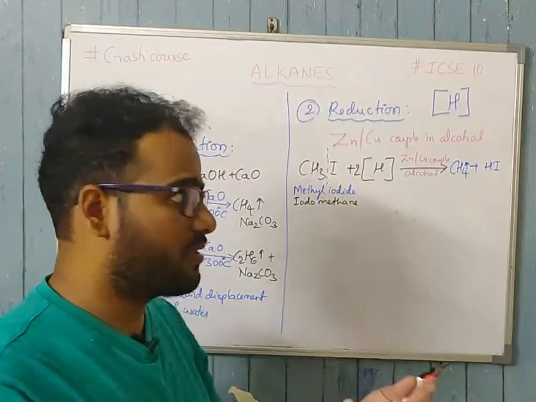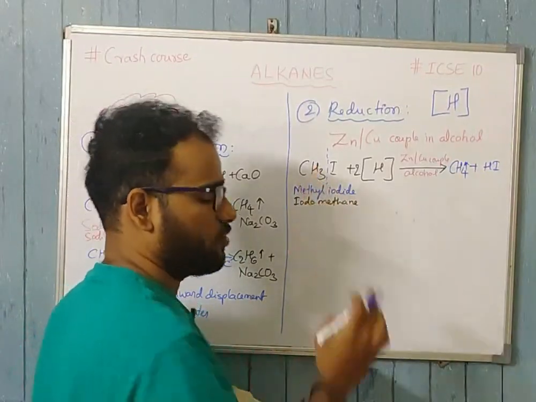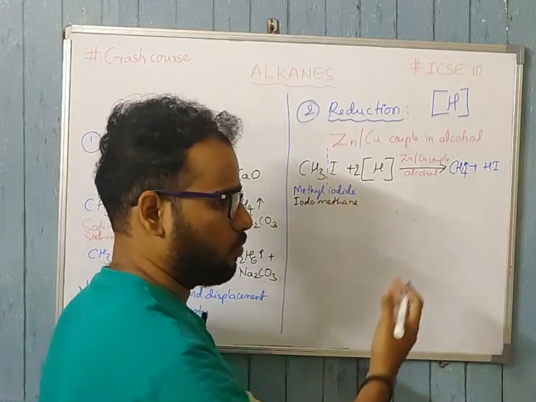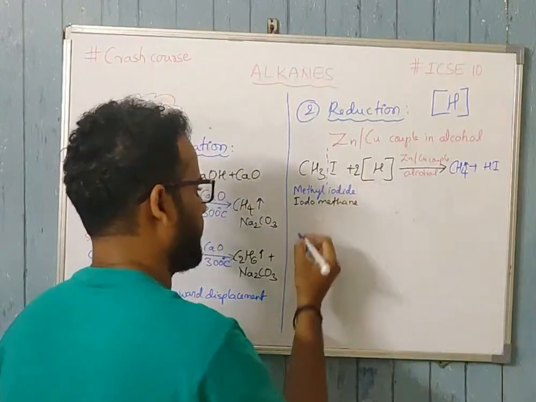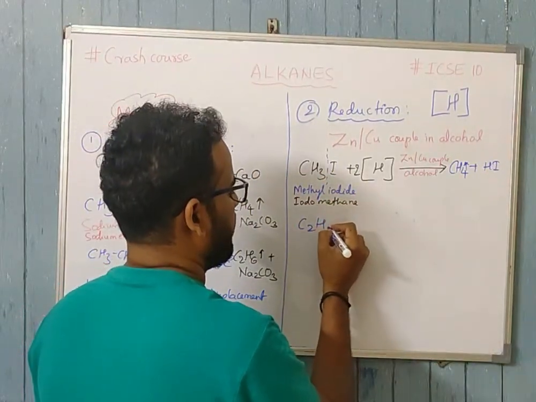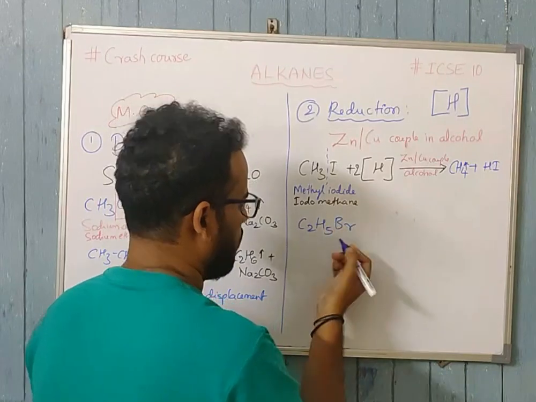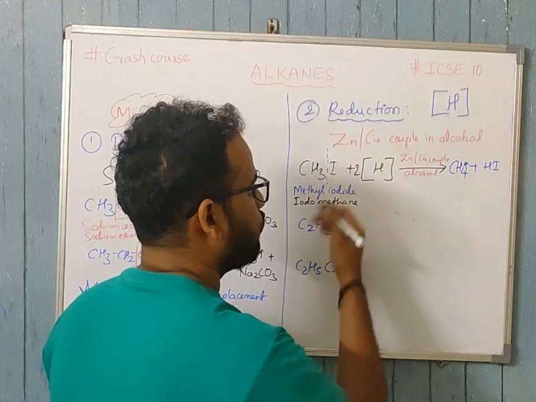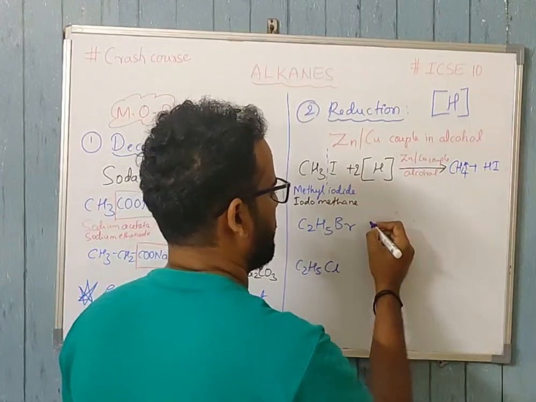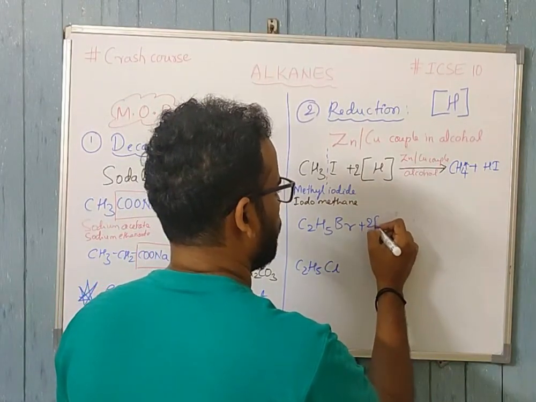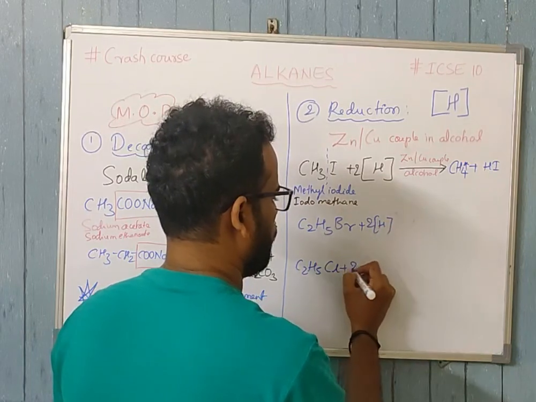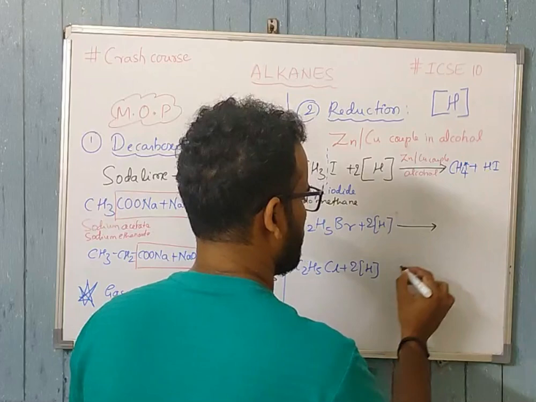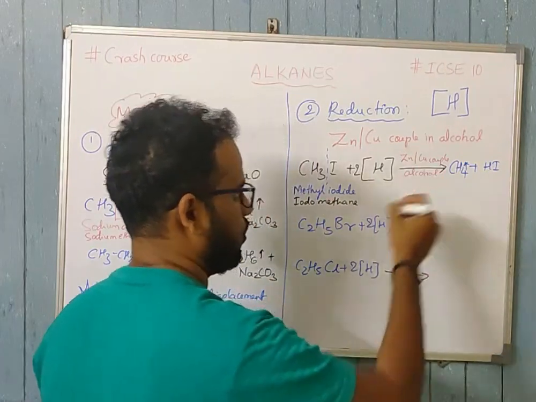Similarly, if you want to get ethane, what you have to do is add one CH2 group here. It can be ethyl iodide, ethyl bromide, or ethyl chloride. Anything is fine. So I will take C2H5Br, or you can also take C2H5Cl, with nascent hydrogen 2[H], the same condition, zinc copper couple in alcohol.